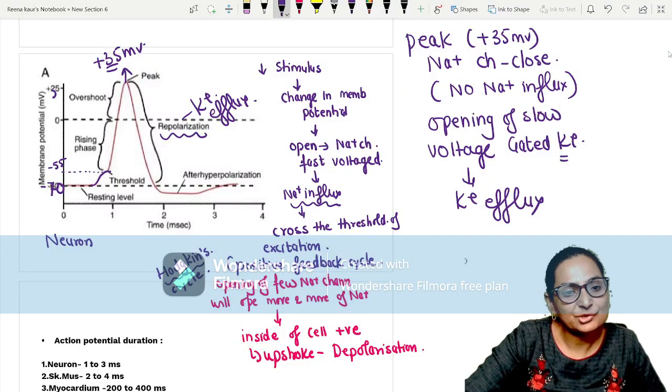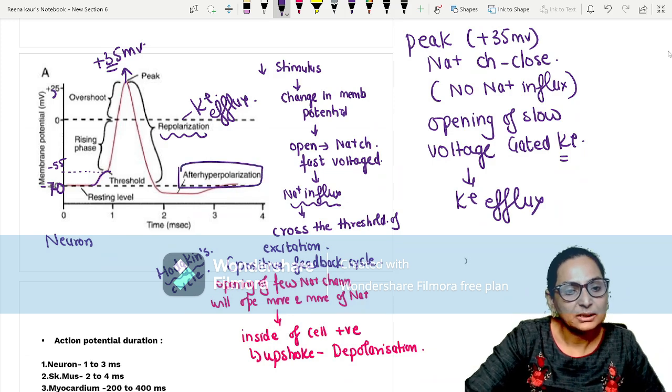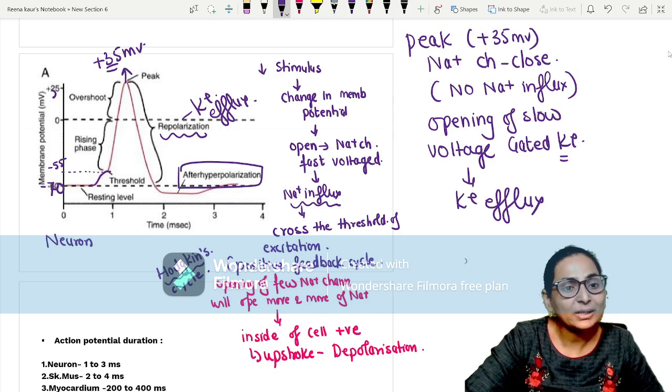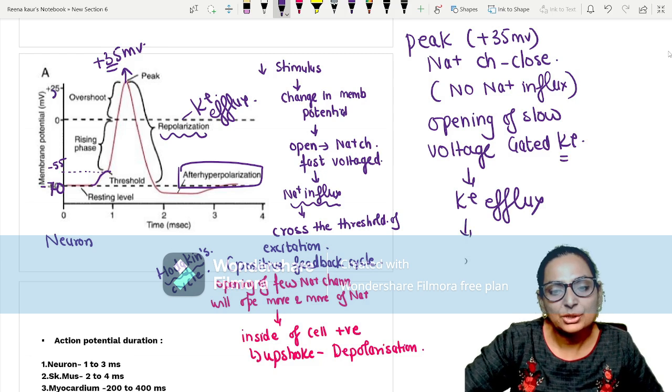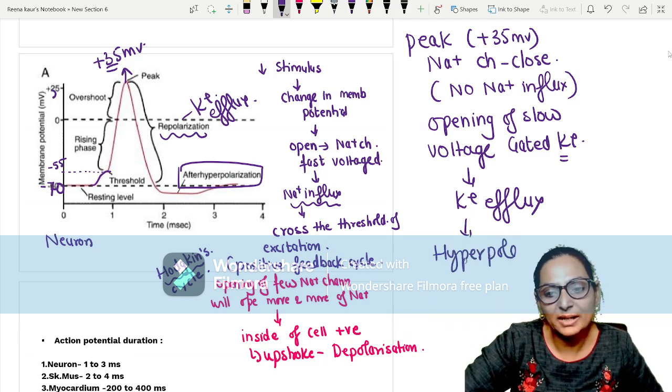Now this stage is called after hyperpolarization, where you can see that the membrane potential has become more negative than RMP. So what is the cause of this hyperpolarization?